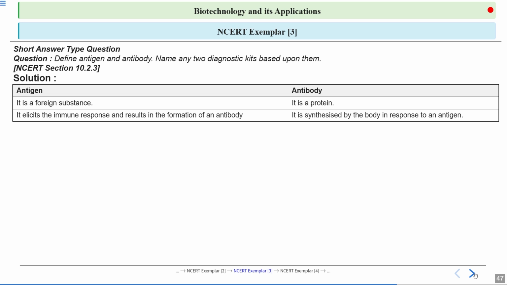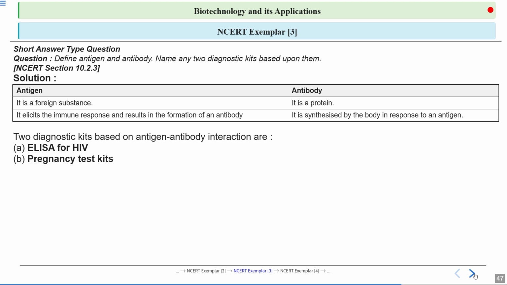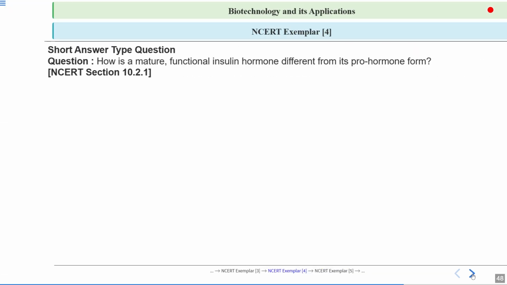It elicits, it triggers the immune response, which results in the formation of the antibody. Whereas an antibody is a protein synthesized by the body in response to an antigen. So, what are the two diagnostic kits based on these antigen and antibody interactions? They are ELISA for HIV, which we have studied, and the pregnancy test kits. They are also based on the antigen and antibody interaction.